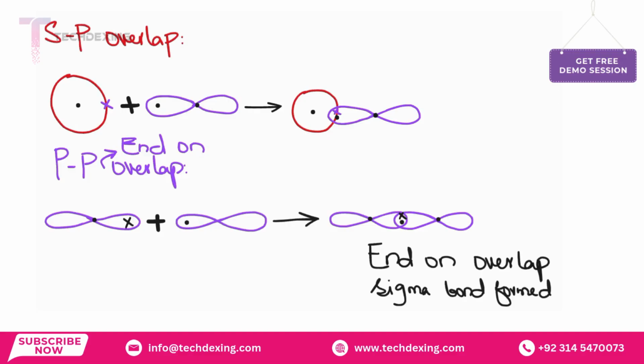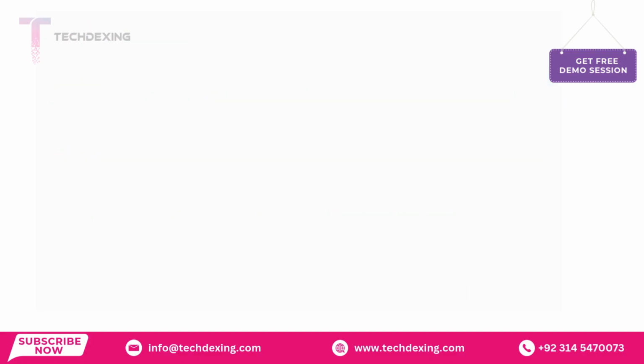And now move to the next slide. Now we can differentiate this overlap, that it's again the p and p overlap, sideways overlap.